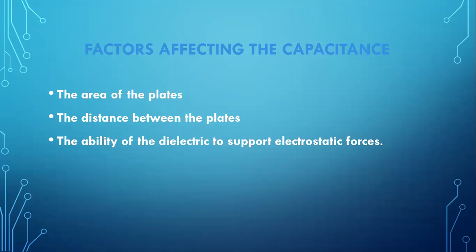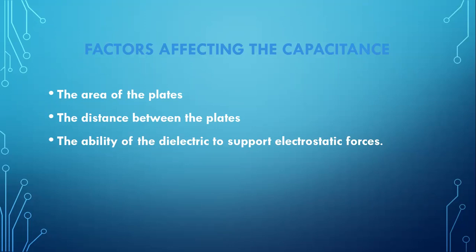The second one is the distance between the plates, that is, how far apart the plates are set. The distance between the plates also determines the amount of stored charge, that is the capacitance.